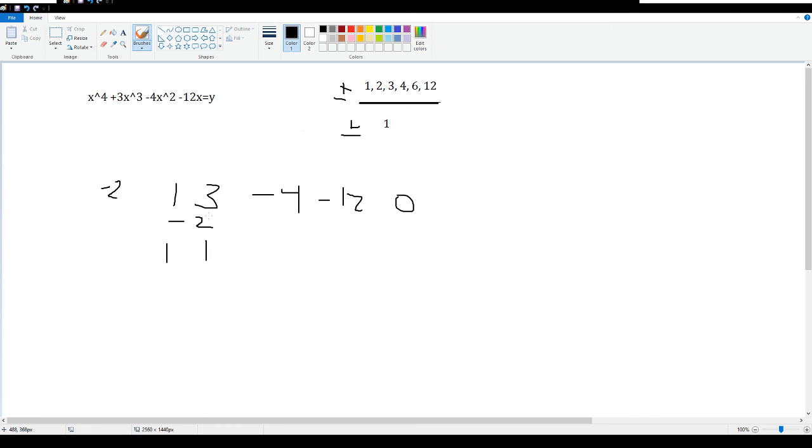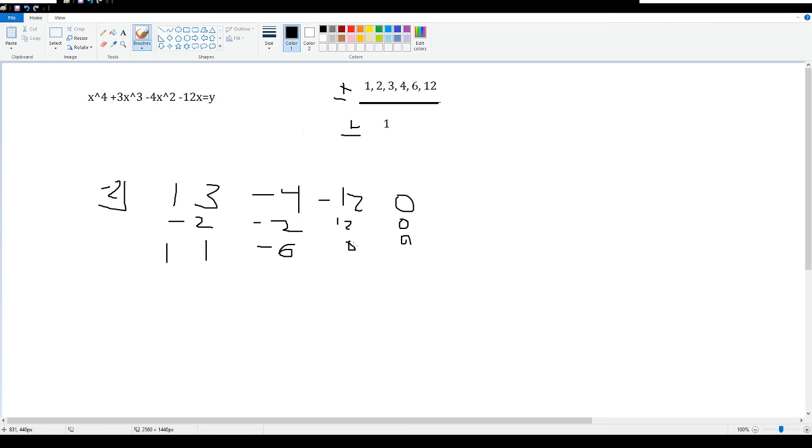That adds up to 1. That times that is -2 once again. That equals -6. That times that is 12. -12 plus 12 is 0. 0 times -2 is 0.